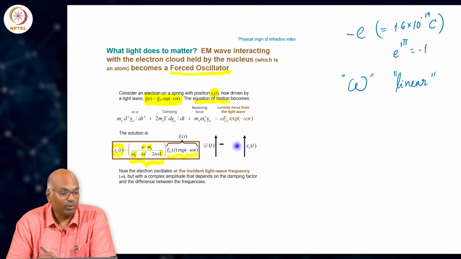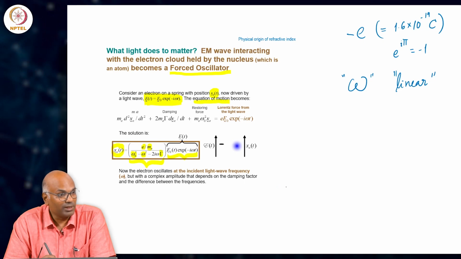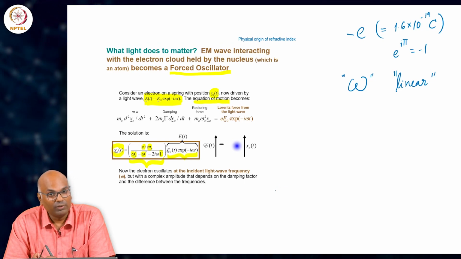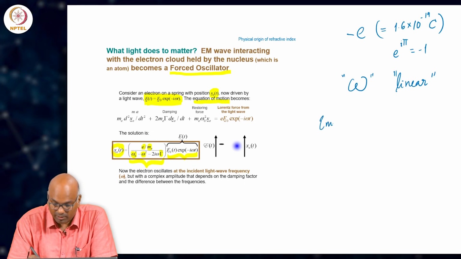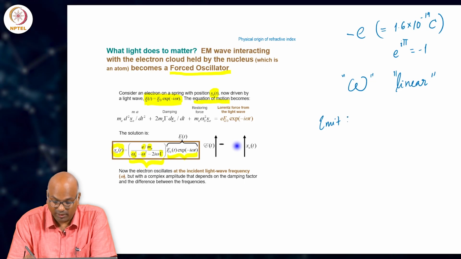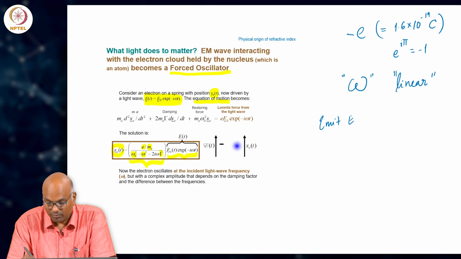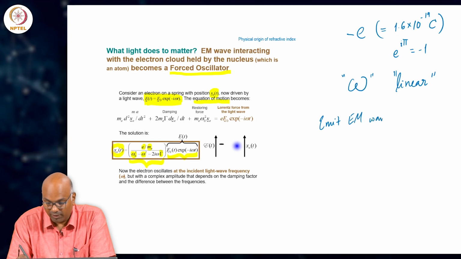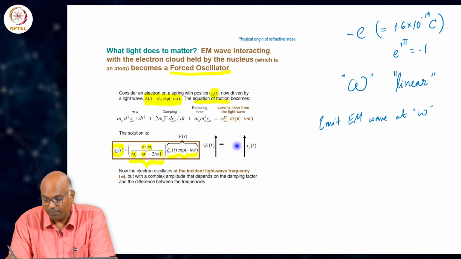If the electrons are also oscillating at frequency omega, the frequency identical to that of the incident electromagnetic wave, they will also emit an electromagnetic wave again at frequency omega, the same frequency.